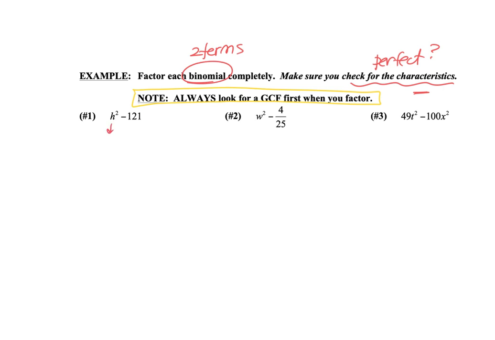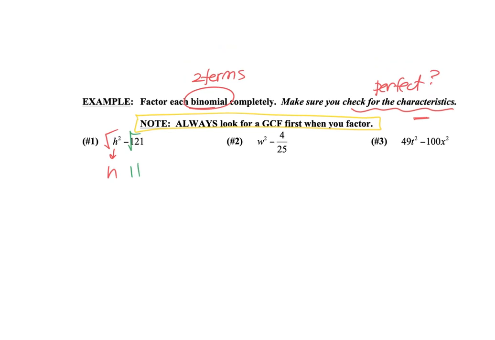Is h squared a perfect square? It is. And the square root of h squared is h. Okay. Is 121 a perfect square? It is. On your card, the square root of 121 is 11.